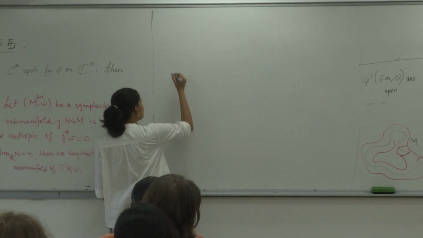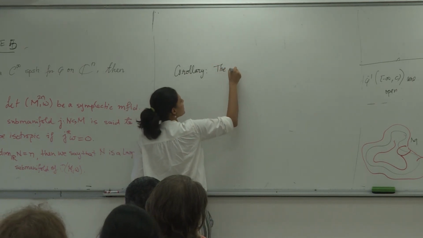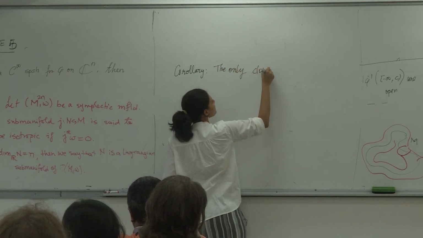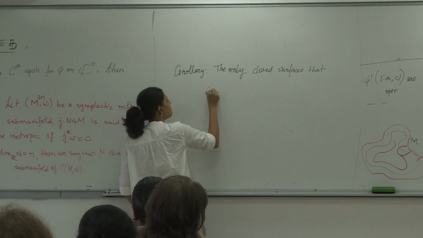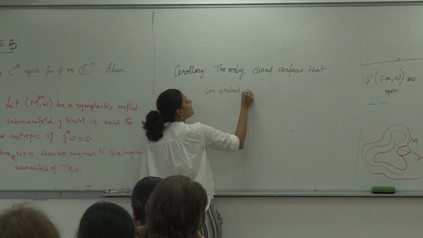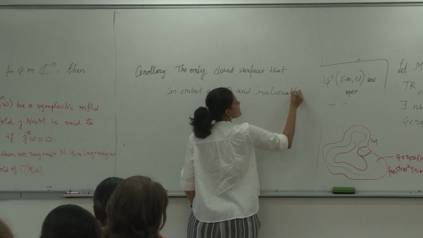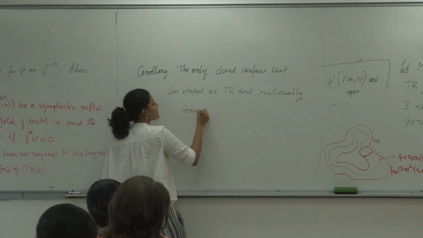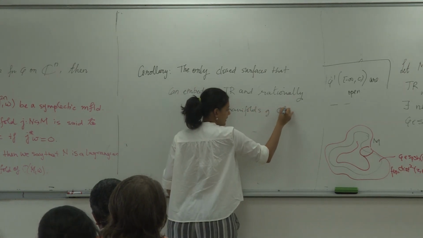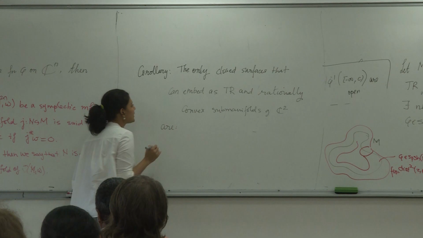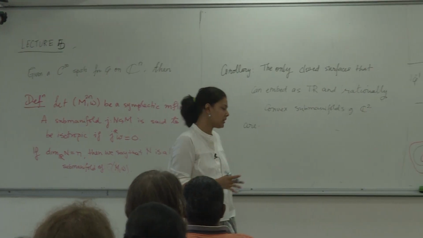So for example, a corollary: the only closed surfaces that can embed as totally real and rationally convex submanifolds of C2, for example, are as follows. For surfaces, there's a full description of what admits Lagrangian embeddings and what does not.